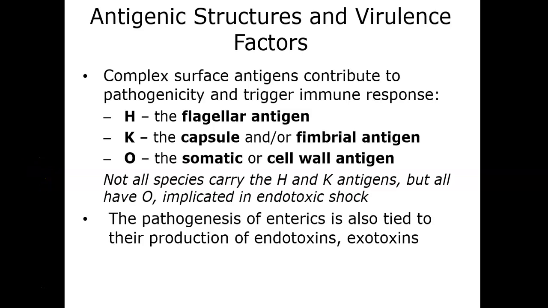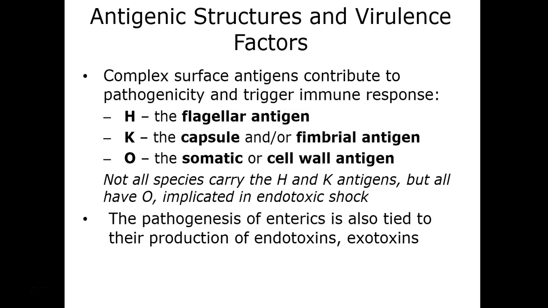And not all species are going to carry the H and the K antigens. But since they all have a cell wall, since they're gram negative, they have that thin peptidoglycan cell wall, they are all going to possess this O antigen. The pathogenesis of these enterics as well is also going to rely on the production of toxins, endotoxins or exotoxins.